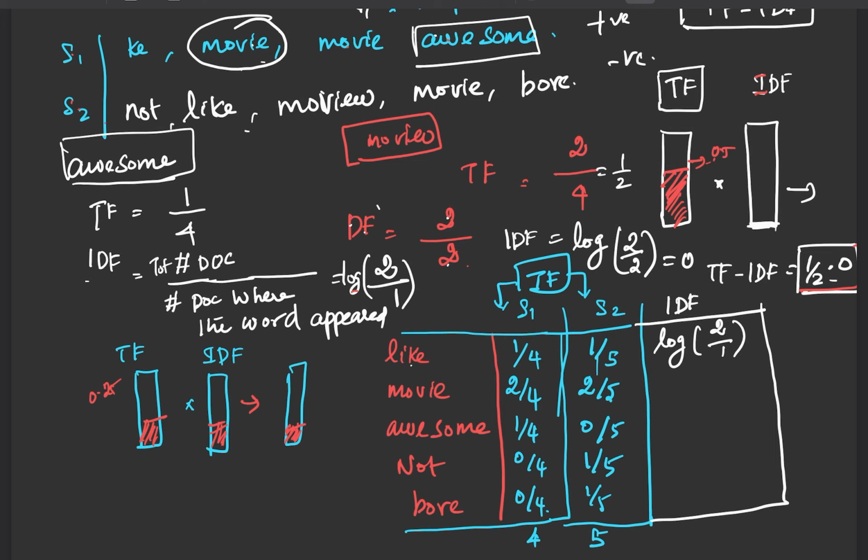Same thing for movie. Movie appeared in all documents, so the ratio is 2 by 2, and the log becomes 0. And next one is awesome. Awesome is available in only one document out of 2, so 2 by 1. Next one, log, is also the same. And bore.